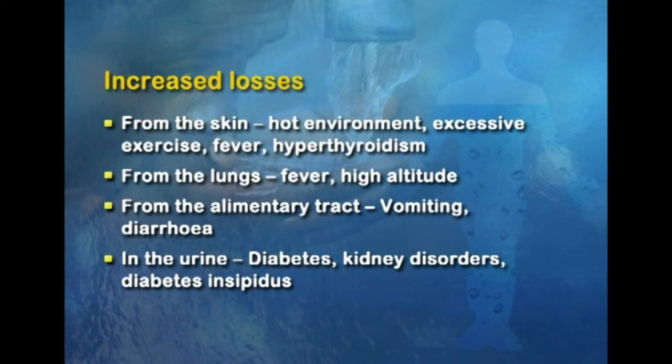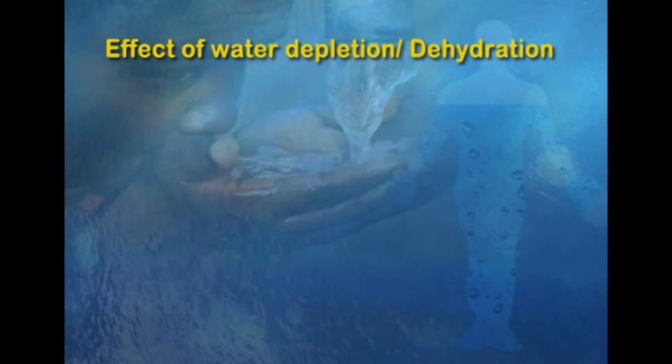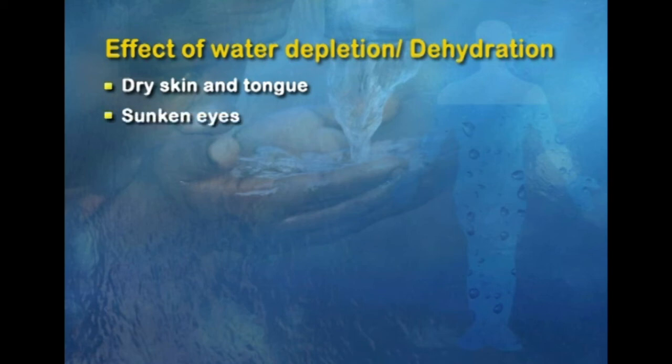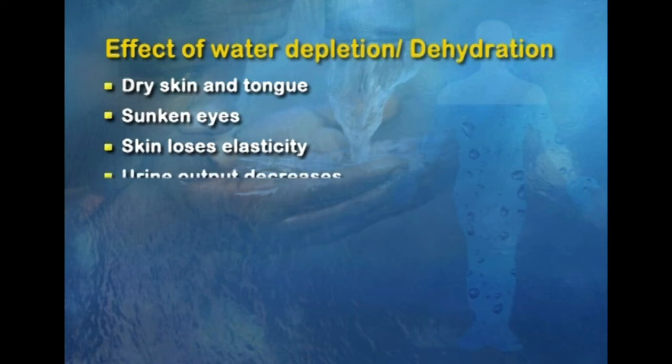And again in diseases like diabetes, kidney disorders, and even diabetes insipidus, there is too much loss in the urine. The effect of water depletion on dehydration: the first immediate symptom would be dry skin and tongue. Eyes are sunken and the skin loses elasticity. Urine output decreases.